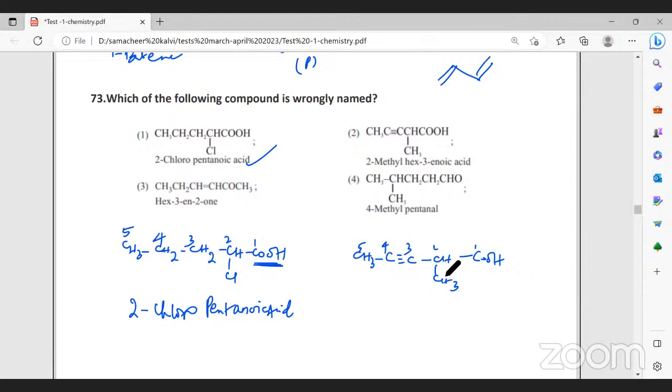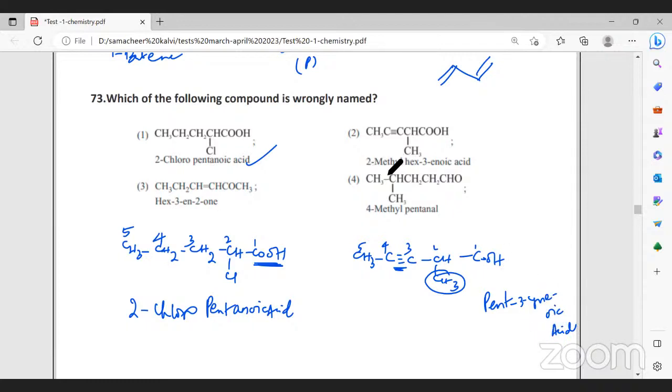Since we have 5 carbon atoms, this becomes like a substituent now. 5 carbon atoms, the longest chain, it's pent. And at third position, we have a triple bond. So this will be pent-3-yne, a triple bond, and it's an oic acid. At first carbon, we have the acid group, therefore pent-3-ynoic acid.